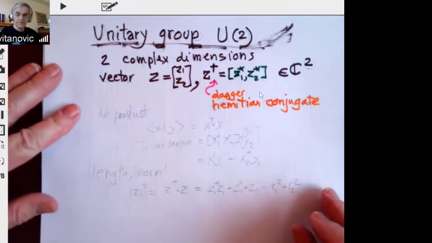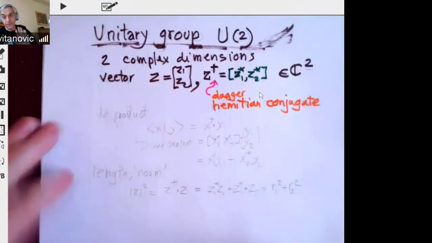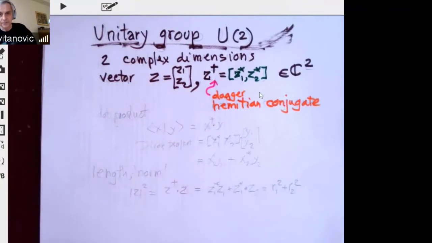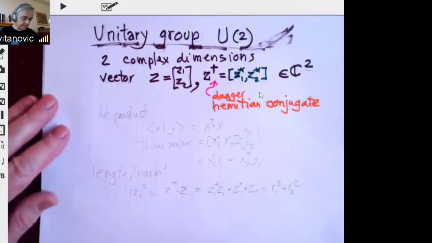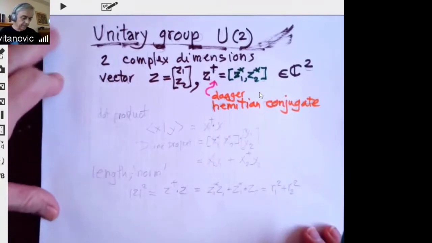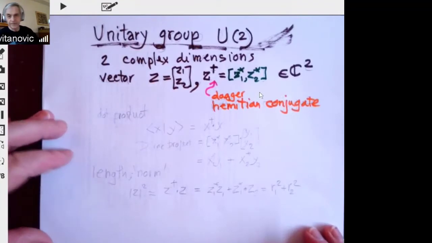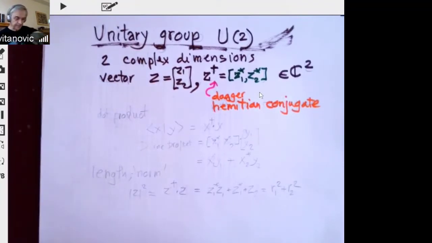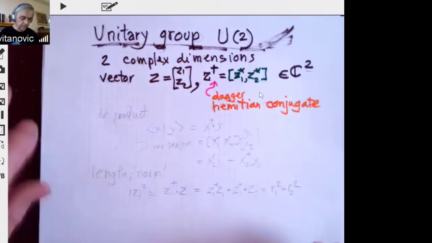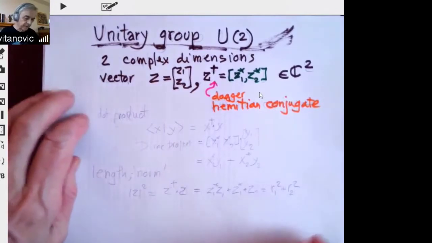So nobody tries to draw this because it's a four-dimensional space, and what are you going to do with it? So by the moment we move to two complex dimensions, we tend to keep it just as algebra and not draw pictures. But you're right, it is four-dimensional space. But a very special one because it's built of little two-dimensional blocks, which are these complex numbers.